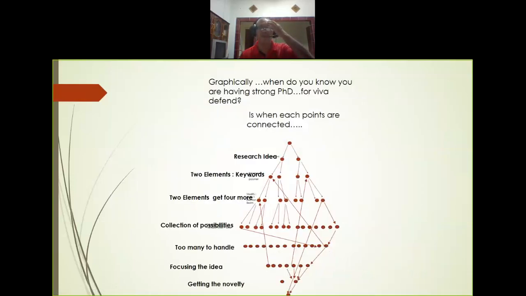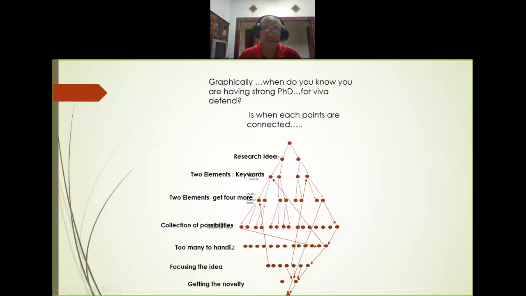So graphically, it can also be used for looking at your research idea. You look at keywords, and all the keywords need to be related to each other, and the collection of as many possibilities.